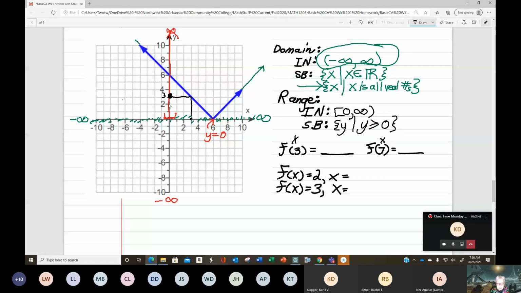So f of 3 is 3, which makes this point on the graph 3, 3. F of 7, I go to 7 right here. I go up to the graph. I head over to the y-axis. And that's 1.